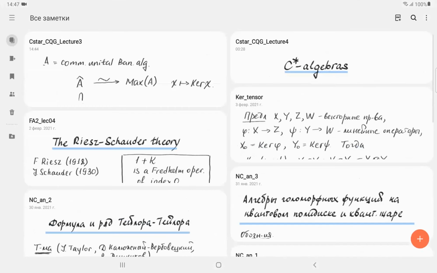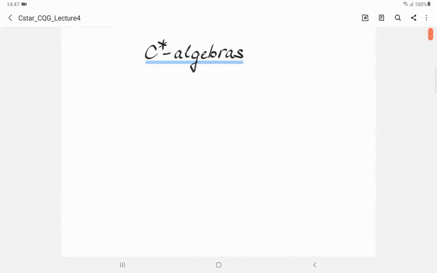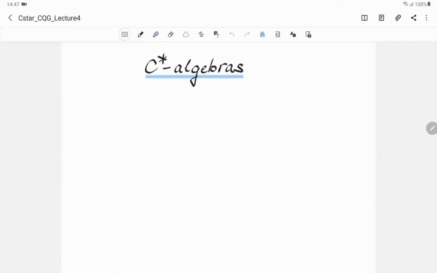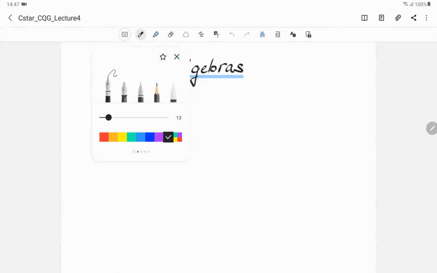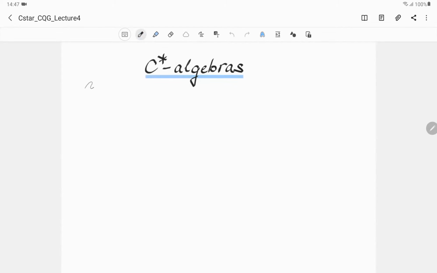So today we begin to discuss C-star algebras. We start with the following definition. Suppose that A is an algebra, just an algebra without any norm.